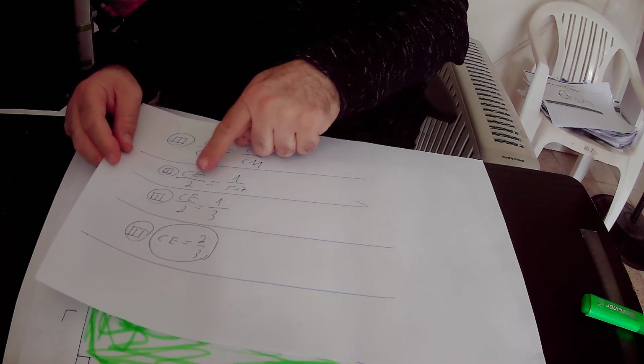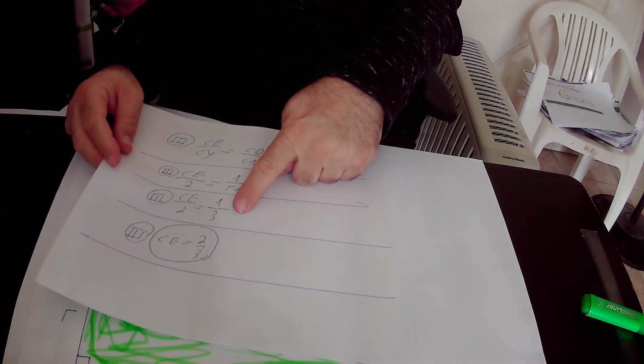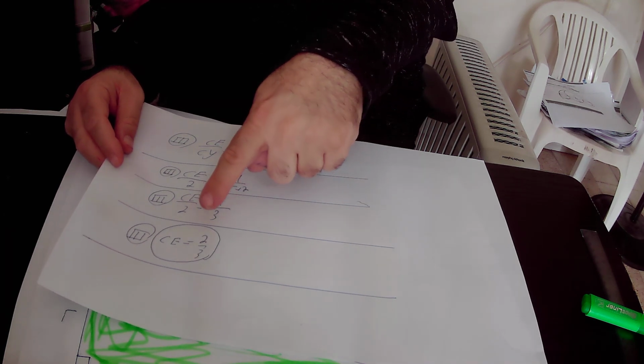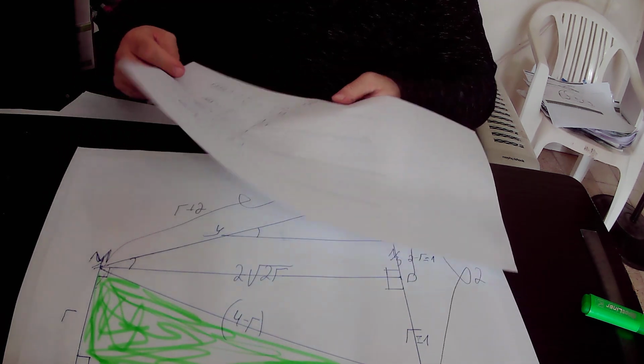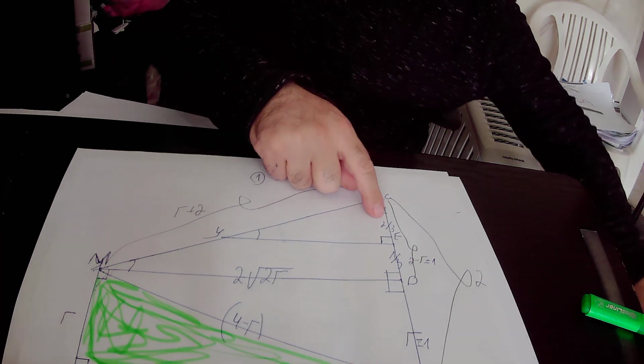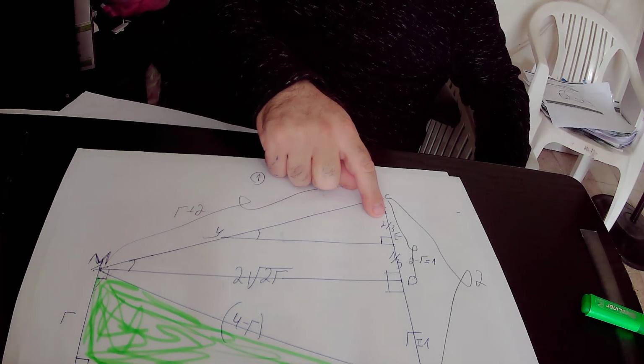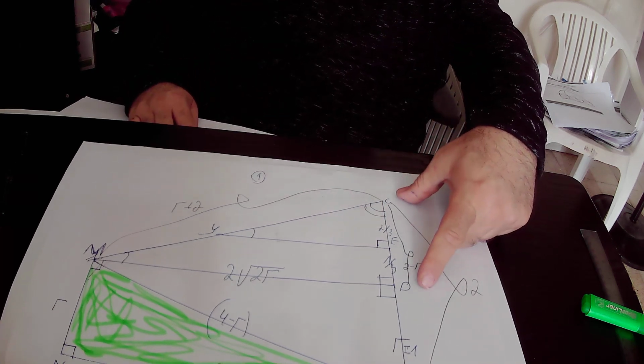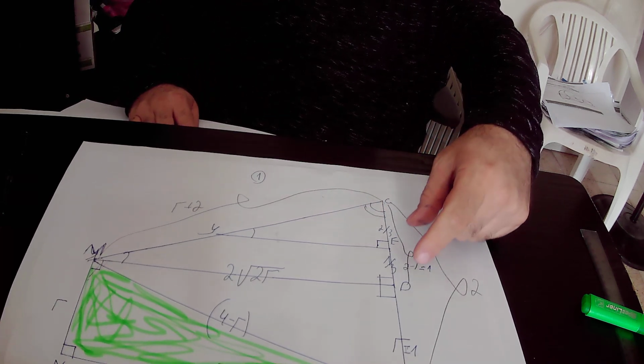So in total we got that CE over 2 equals 1 over 3. We multiply equation number 3 by 2, and we got that the value of CE is 2/3. So here you can see from the drawing that CD minus CE equals ED.